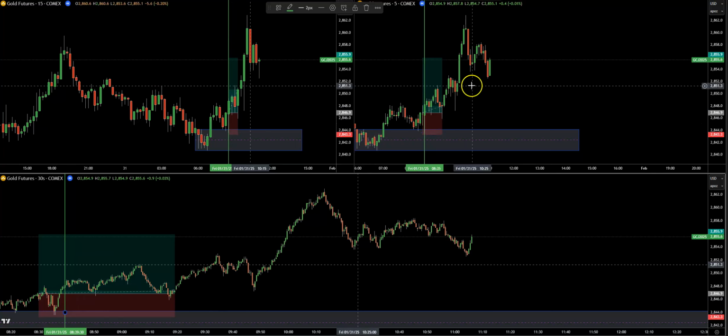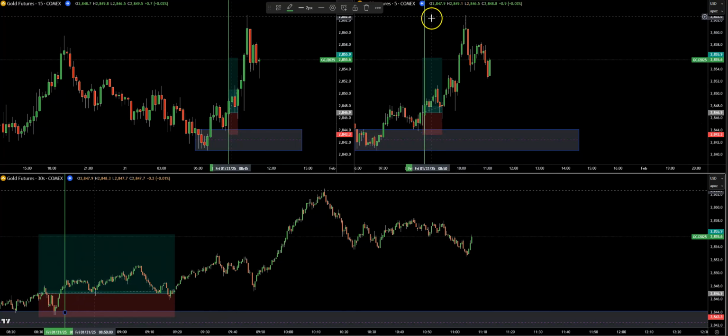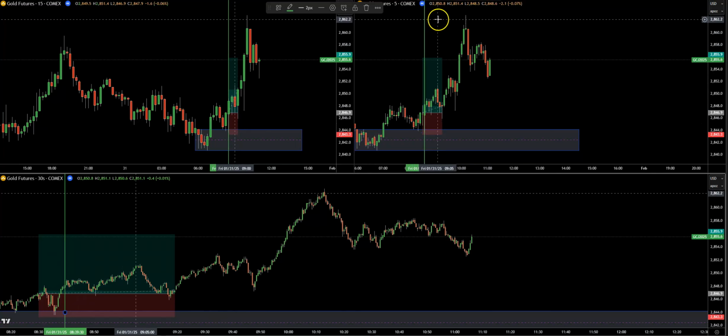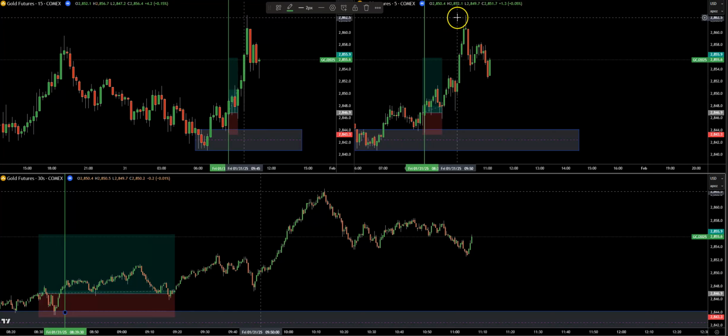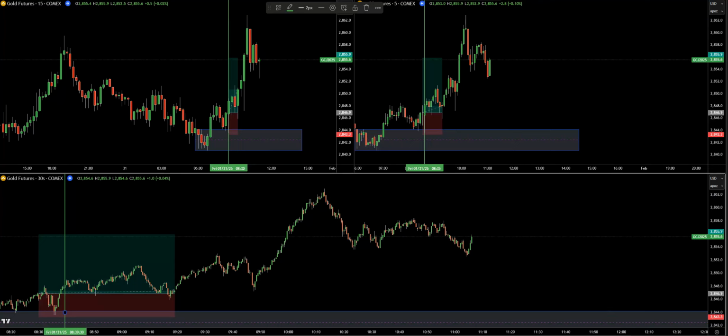You got 1, 2, 3, 4, 5, 6, 7, 8, 9, 10, 11, 12, 13, 14, 15. About 16 candles on the 5-minute chart. So 16, what is that? That's about an hour and 20 minutes or so. And that's a longer than normal trade for me.